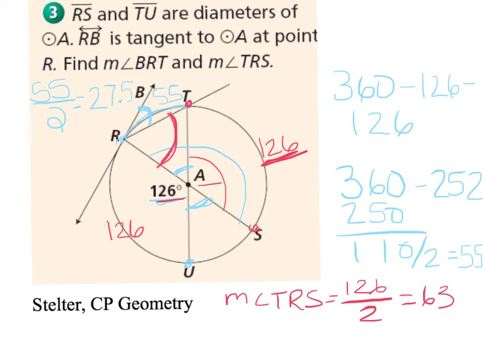Let me just double check that. 126, that's 2, 4, 52. Yep, that's 252. So, oh, that's what I did. Oh, my bad, you guys. I put 250 here. So, yeah, I think it's going to be 54.